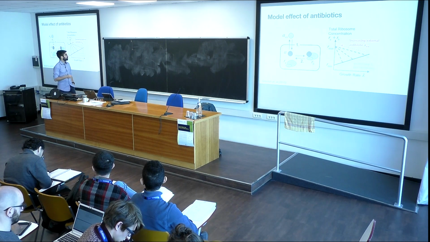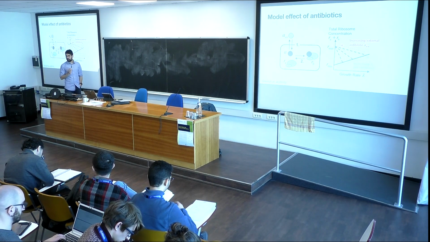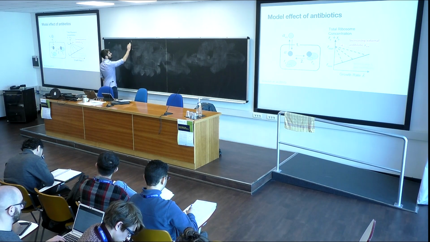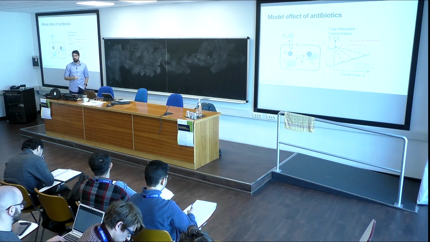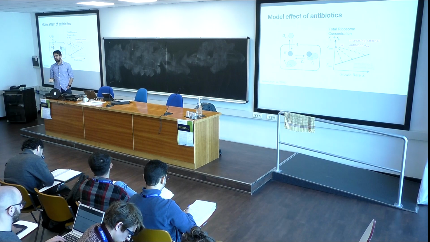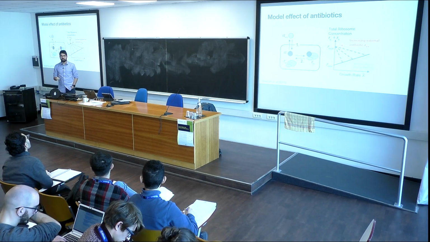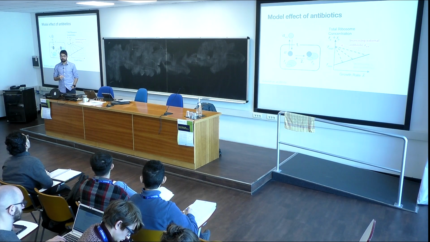Now the idea is that these kinds of antibiotics bind to ribosomes. So 90% of what we do is things that bind and unbind. Antibiotics bind to ribosomes, and when they bind to ribosomes, they make them not work, okay?